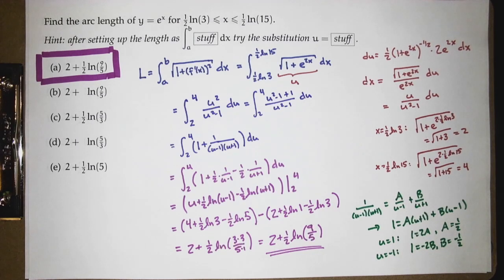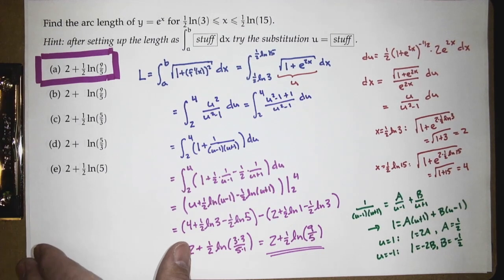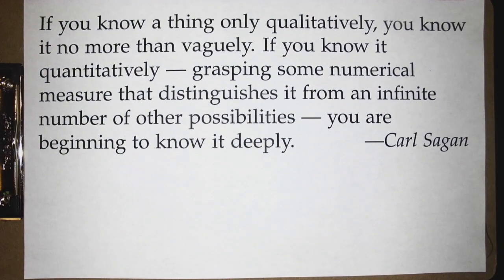All right. Good. Well, our thought for the day came from a scientist, Carl Sagan. This one I have a little bit of history with compared to many of our thoughts for the day.